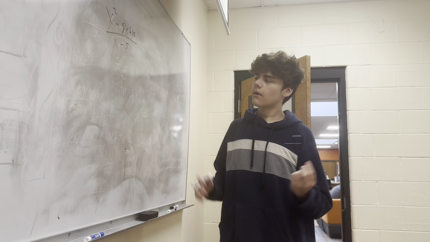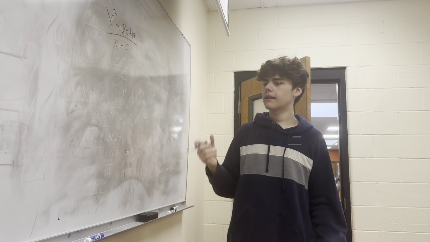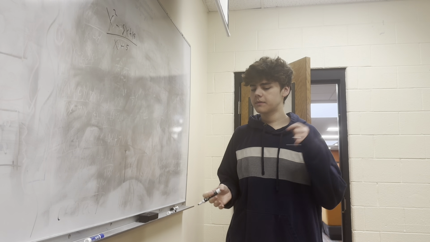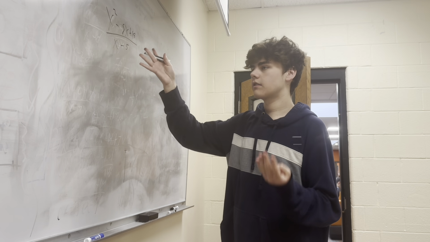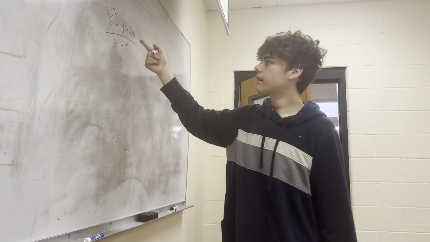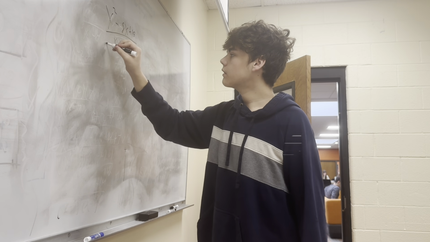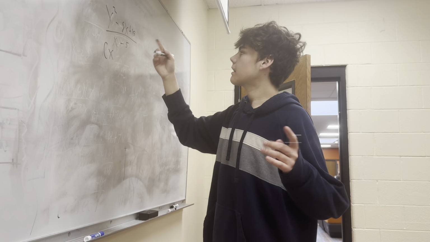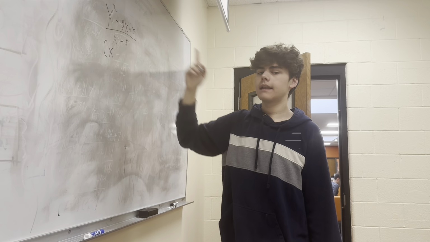Alright, so now we're on to level 2. Still a little simple, but you're still finding horizontal asymptotes, vertical asymptotes, x and y-intercepts, and holes. So in this situation, instead of just leaving it like I did, you have to factor. What multiplies to positive 15 but adds to negative 8?